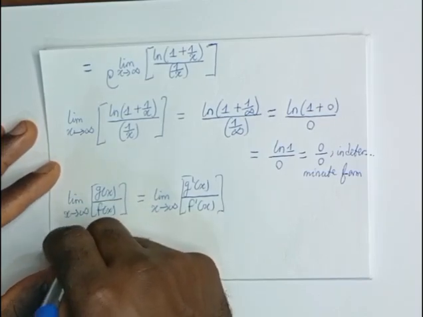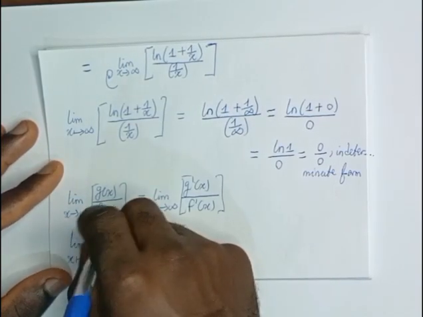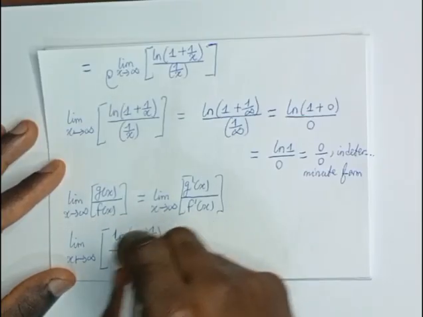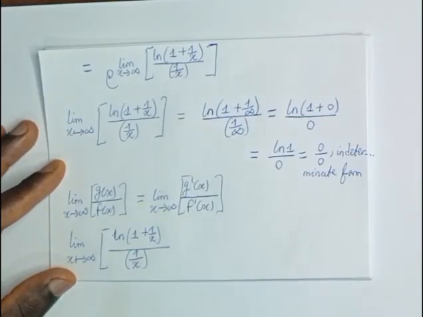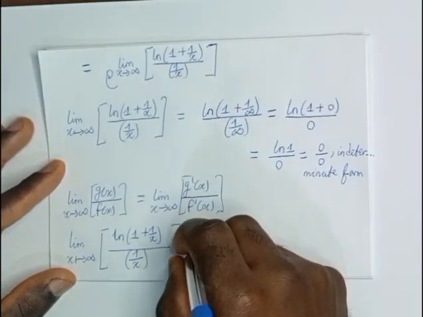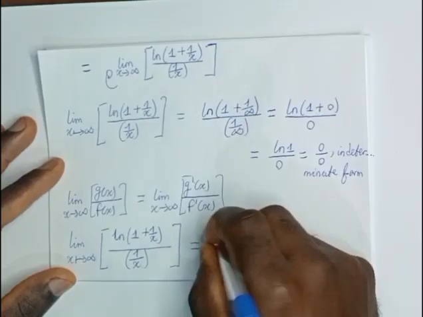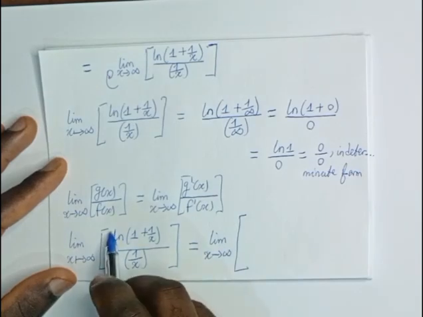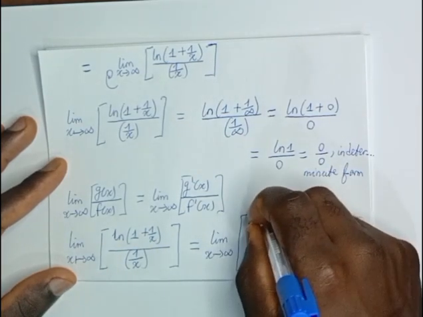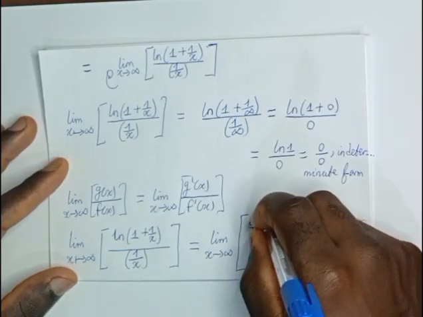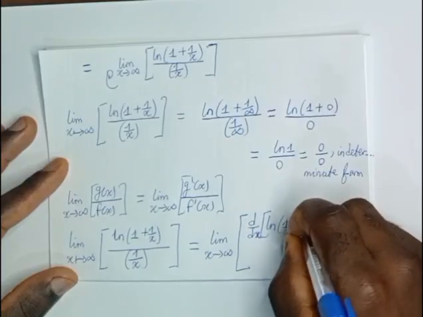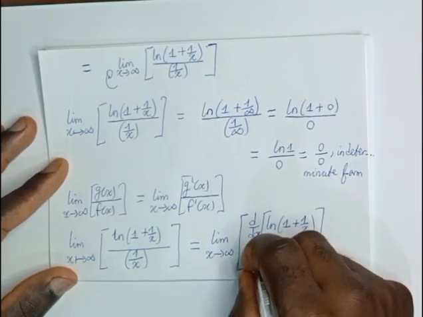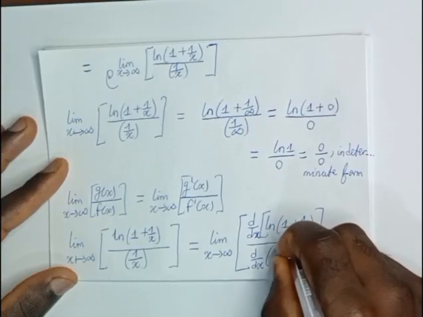The limit as x tends to infinity of ln(1 + 1/x) over 1/x is simply equal to the limit as x tends to infinity of the derivative of the numerator, d/dx of ln(1 + 1/x), over the derivative of the denominator, d/dx of 1/x.